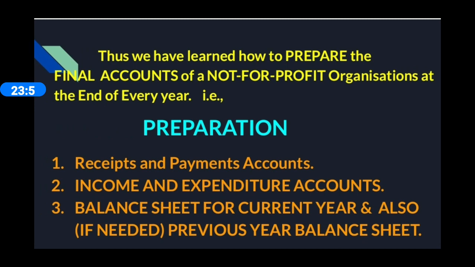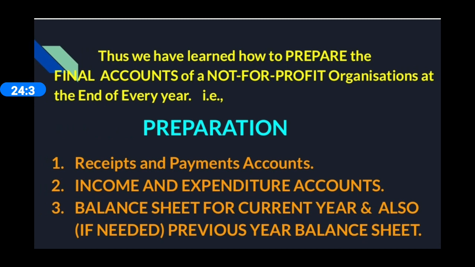Not only a trading company prepares final accounts, but a not-for-profit organization also has to prepare them at the end of every year. Final account means not closing the business, but closing that particular accounting year. So the accounts which are prepared at the end of every year are called final accounts.